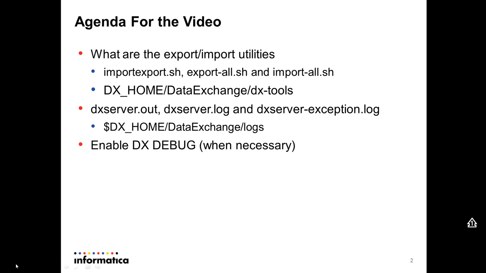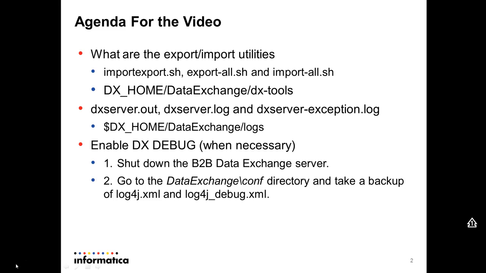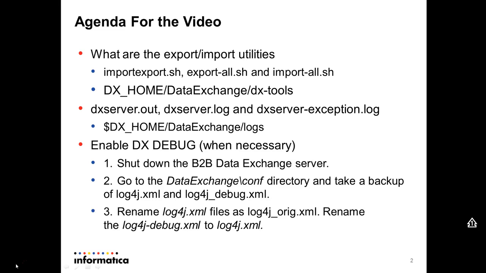Okay, if you do all the steps and it's still not clear why the import-export is failing, then what you need to do is enable debugging in DataExchange. First, you need to shut down the B2B DataExchange server. Then you go to the DataExchange conf directory and take a backup of the log4j.xml and log4j-debug.xml.